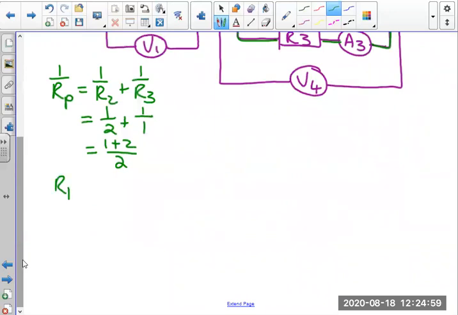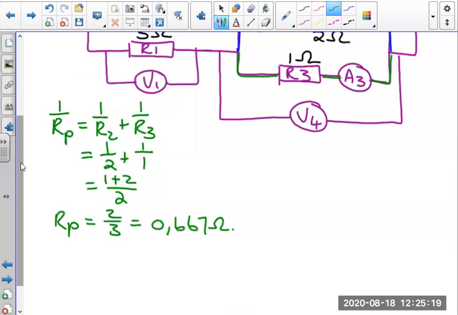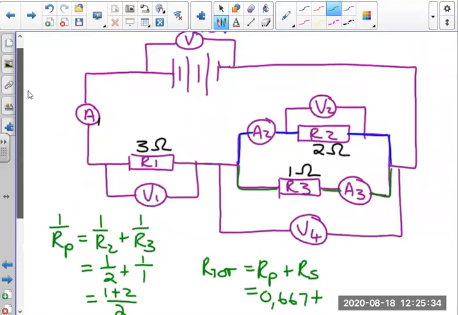So for R parallel, it's going to be 2 over 3, which gives 0.667. Let's leave it like that. But if I want to work out R total, R total equals R in parallel plus the R in series. So it's 0.667 plus, and the R in series is the 3 ohm.